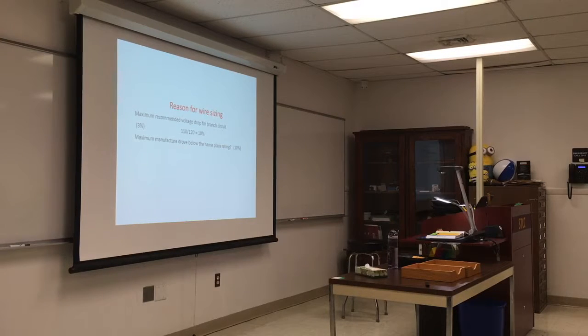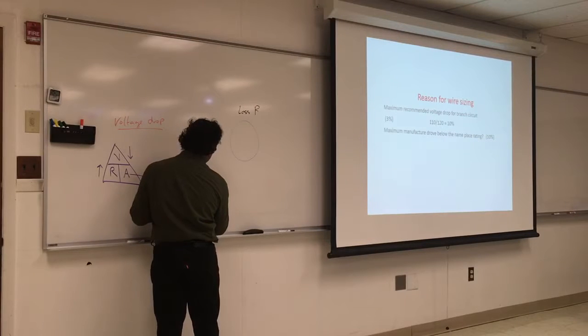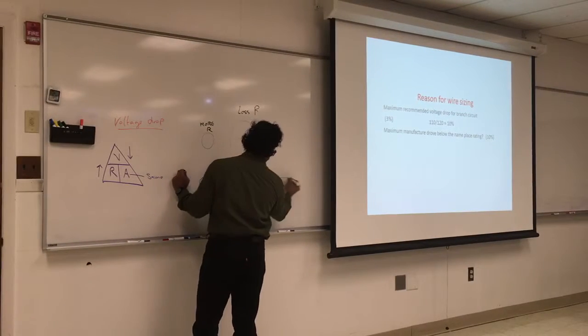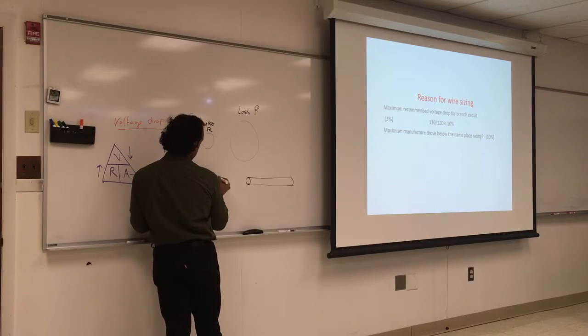The smaller one. The small one has more resistance, because there's less cross-section area. And again, two wires, same size. This has less.